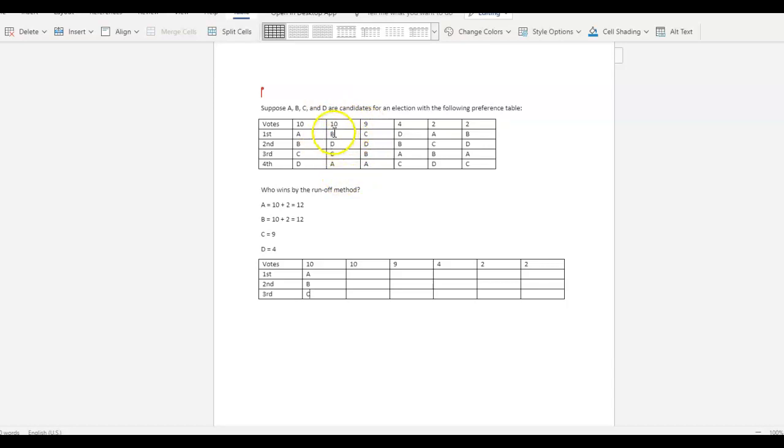So if we leave D out of this one, B, C, A. Or you might just put X's over the top of your D's rather than redoing a column.